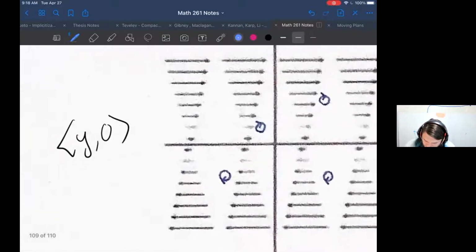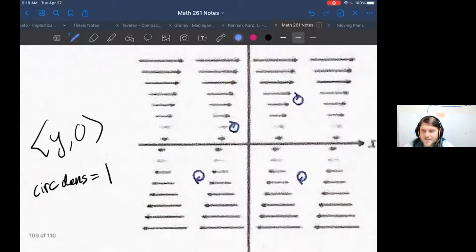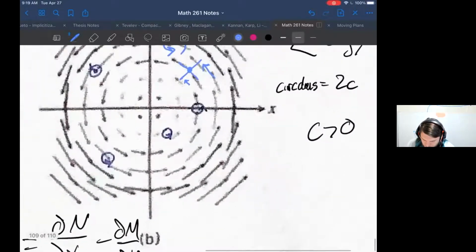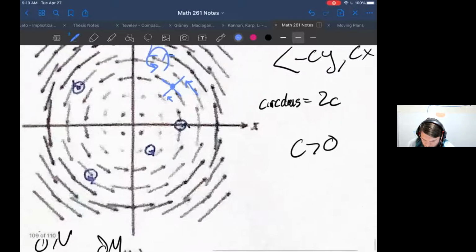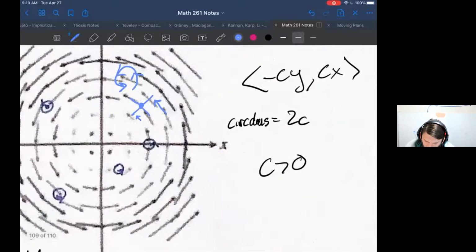Coming down here, if you do circulation density, you should get 1 in this case. It's del n del y minus del m del x. And again, this says we should have another counterclockwise, sorry, those are all clockwise rotations. Did I write this wrong? Huh, okay.